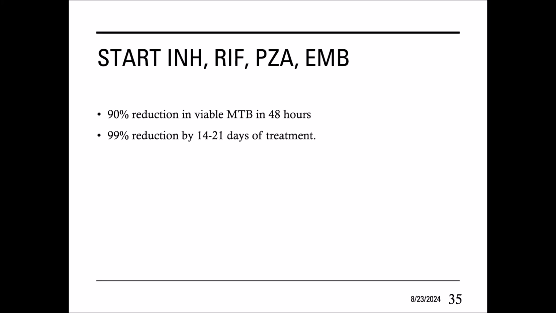And even those organisms that the patient is bringing up are damaged and sort of dented. They might be alive a little bit, but they're not really able to be spread to other people. This is a great victory for us in terms of how effective TB therapy can quickly reduce transmission.